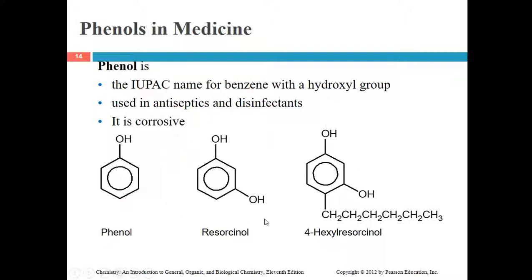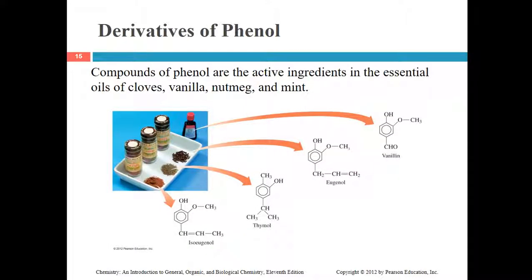You may have heard of poison ivy. Well, that's one of these corrosive molecules, a derivative of our phenol group. Now, we also have compounds of phenol that are active ingredients in essential oils of cloves, vinegar, nutmeg and mint.